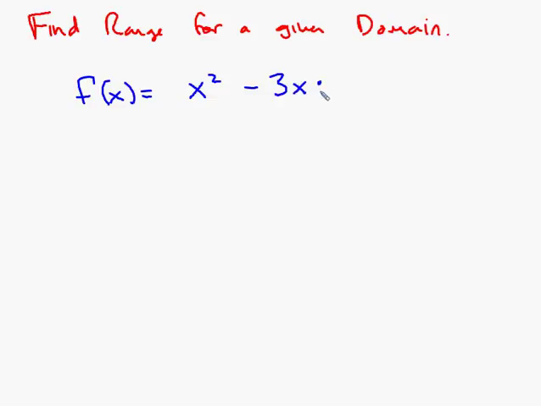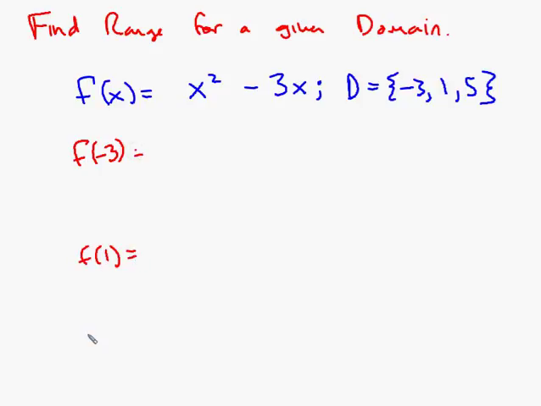And I'm going to say my domain is negative 3, 1, and 5. You're actually going to do the same thing that we just did, except 3 times. Well, why 3 times? Well, I have 3 numbers in my domain. So I'm going to find the f of negative 3, the f of 1 and f of 5.